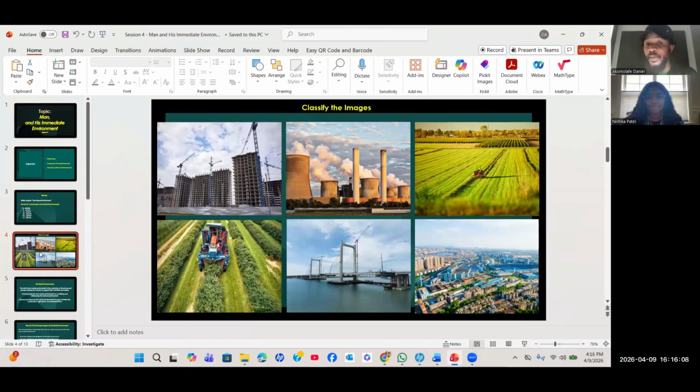They've built skyscrapers. The second one shows industrial space. The third and the fourth one show agricultural activities going on within the natural environment. The fifth one shows bridges built upon water, right? And the last one shows variations of structures that human beings have erected.